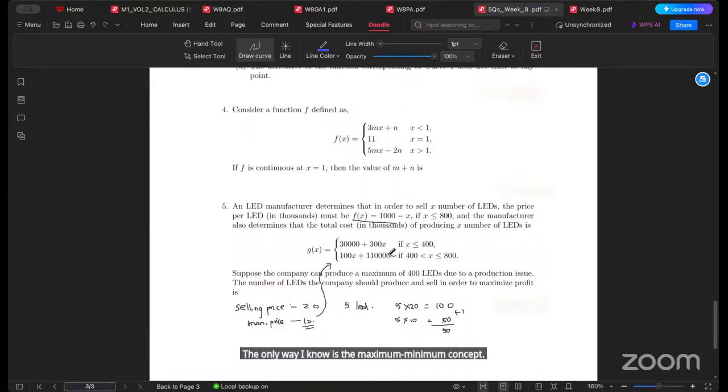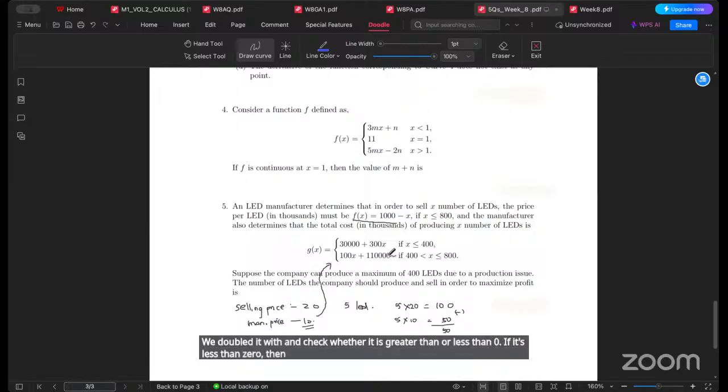So how will you use the maxima-minima concept once you have the function here? Do you know how to find the derivative? Yes. Okay, so if you know how to find the derivative, how do you find the maximum value? We take the double derivative and check whether it is greater than or less than 0. If it's less than 0, then it will have a maximum at the critical point of f of x.